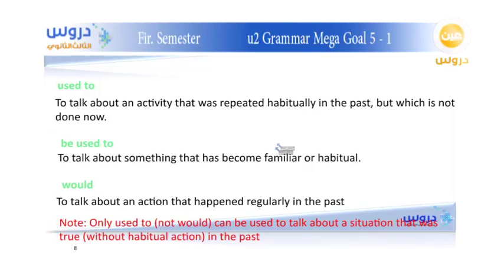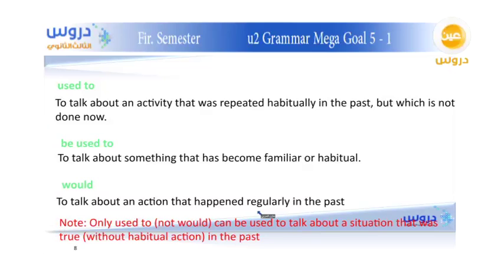And here with would, to talk about an action that happened regularly in the past. And here we have the note: only used to, not would, can be used to talk about a situation that was true without habitual action in the past.